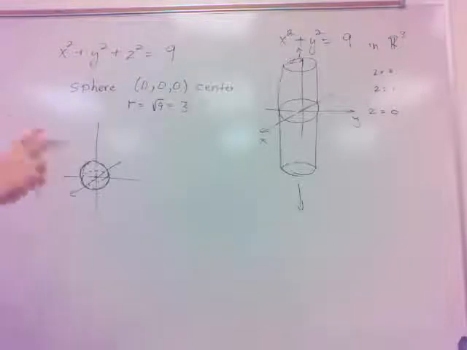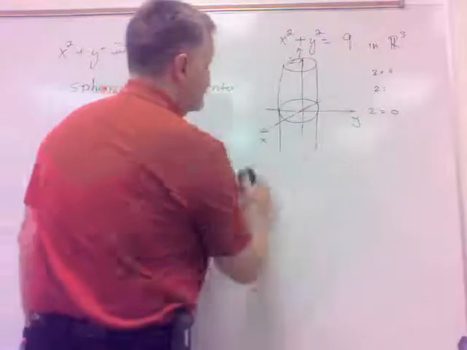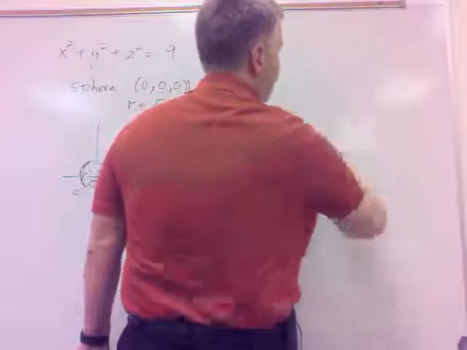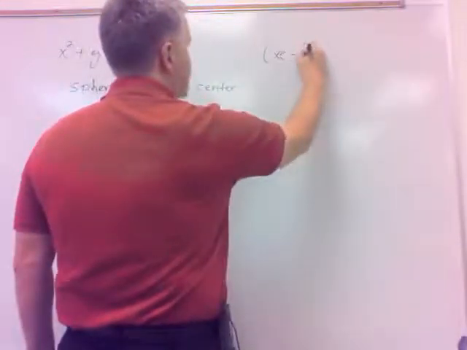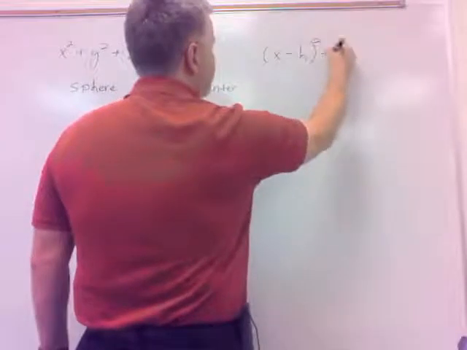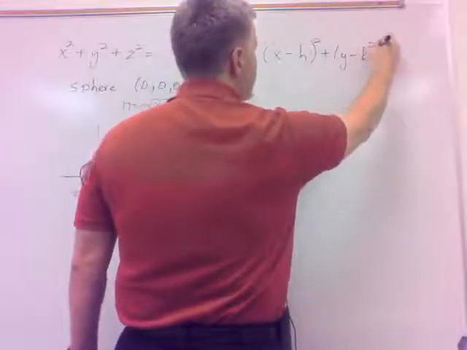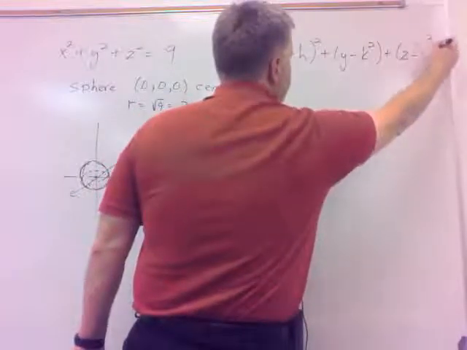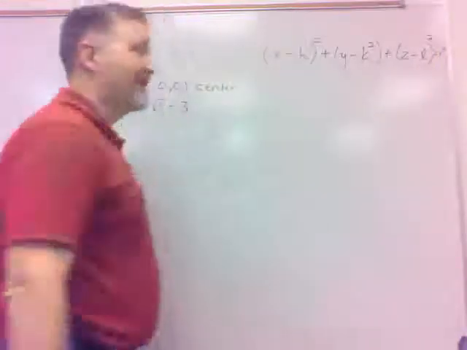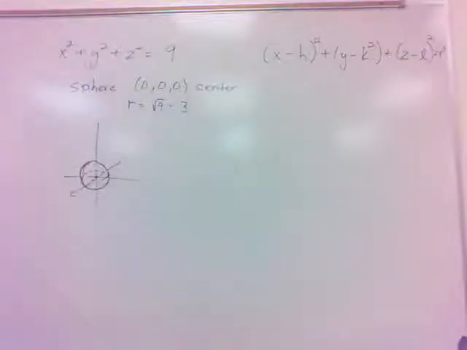Then, of course, if we shifted it, we can do the same thing. They have you play around with some of these. If we do x minus h squared plus y minus k squared plus z minus l squared equals r squared, what do you think that is?